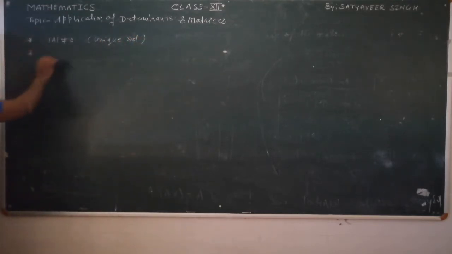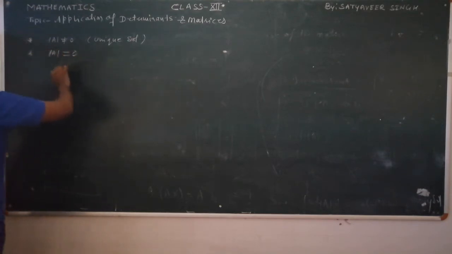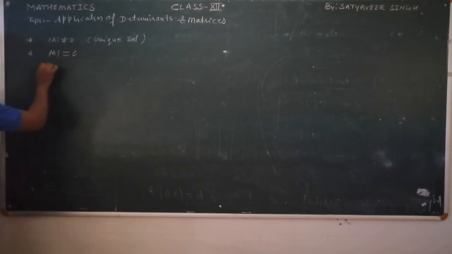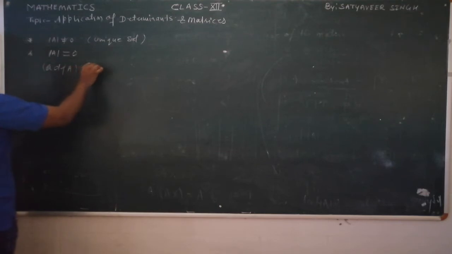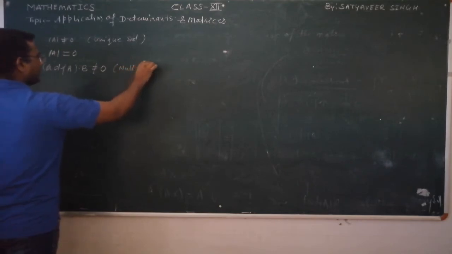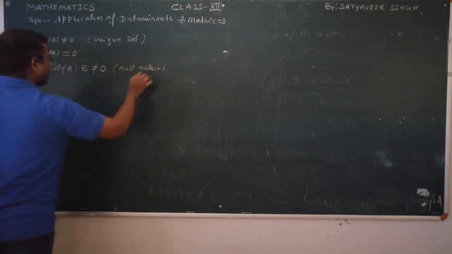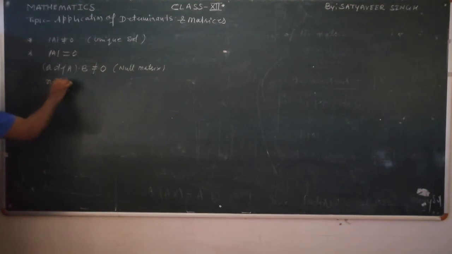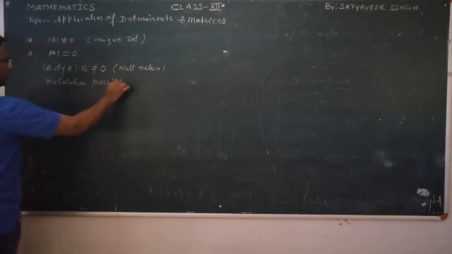In short, I am writing: if determinant of A is equal to 0 and adjoint A into B, which you are finding, comes out not equal to O, this is a null matrix, then you can say no solution is possible.